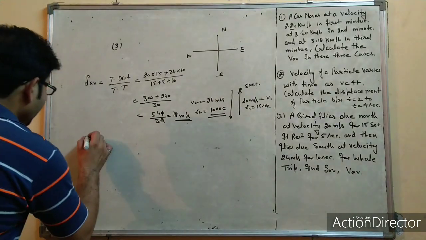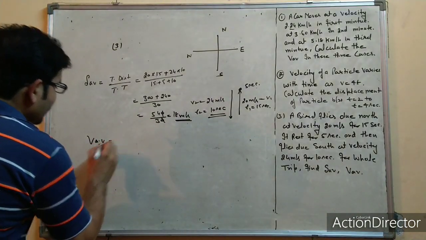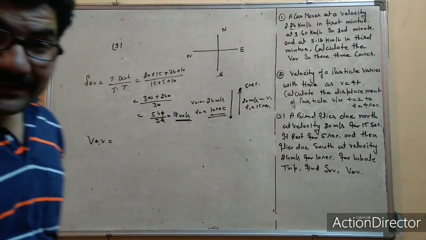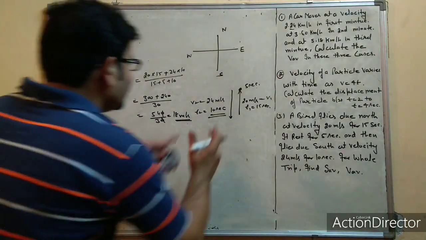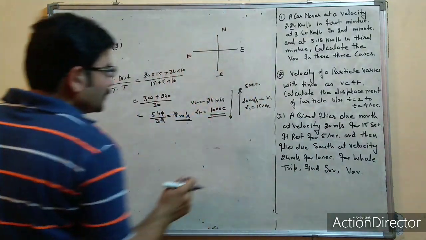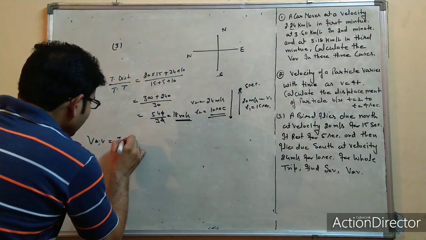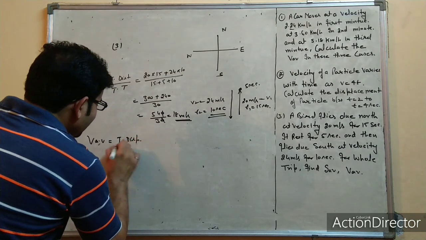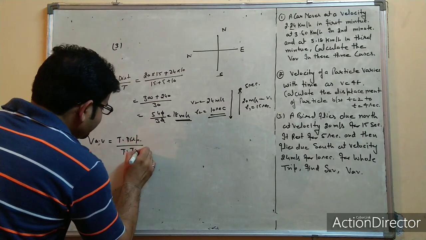Now average velocity: you have to take direction also now. So let's say in that direction its vector is j cap. So total displacement upon total time.